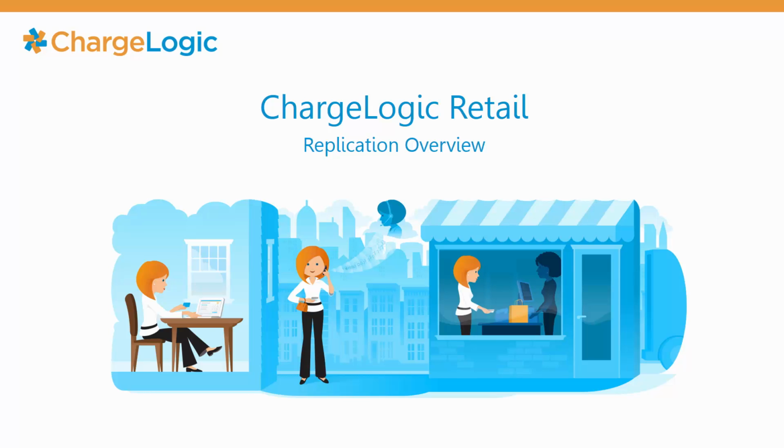And then each store can either be online, meaning that it connects directly to the head office NAV service tier, or it can be offline, meaning that in that store, you're actually running a separate NAV database, service tier, everything.